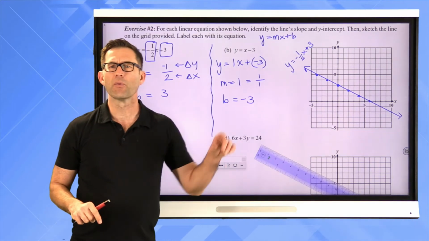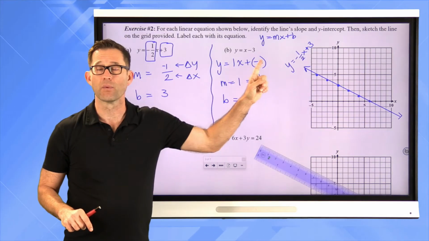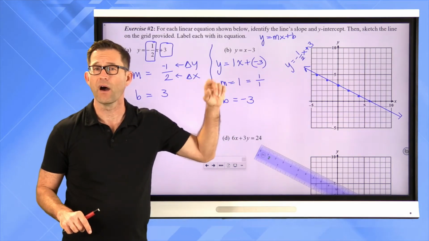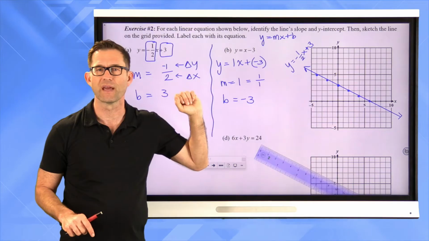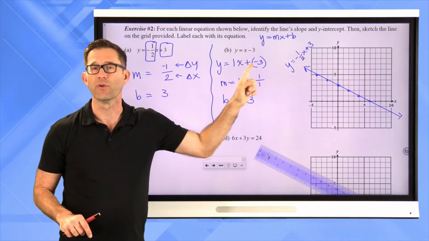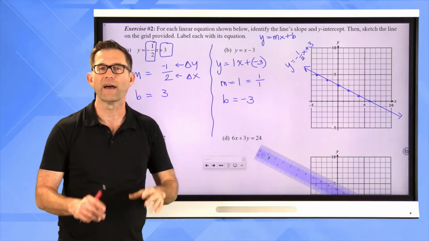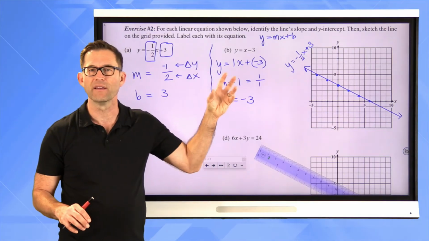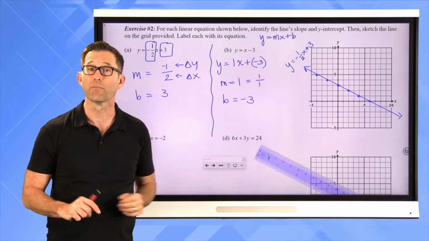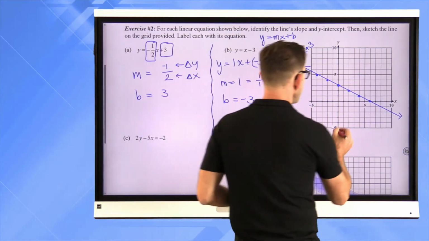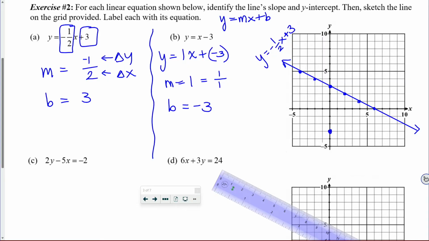Now, if you're comfortable looking at the equation in y equals x minus 3 form and just say, oh yeah, sure, my slope is 1, my y-intercept is -3, there's no need for you then to write that down, okay? But I just wanted to show you how that general form gets reflected in something like this. So we can plot it the same way. This time though, my y-intercept is at -3, and I'm now going to want to go up 1 and to the right 1 each time.